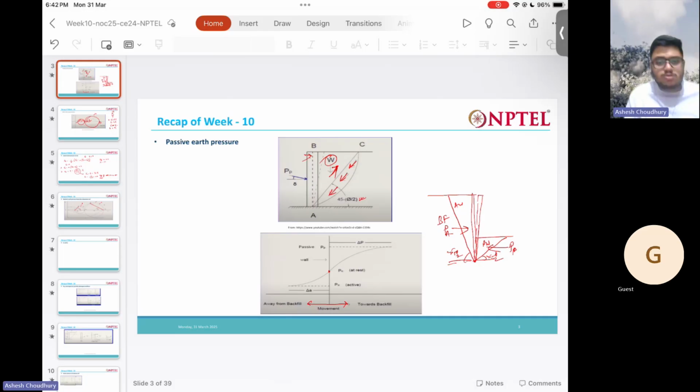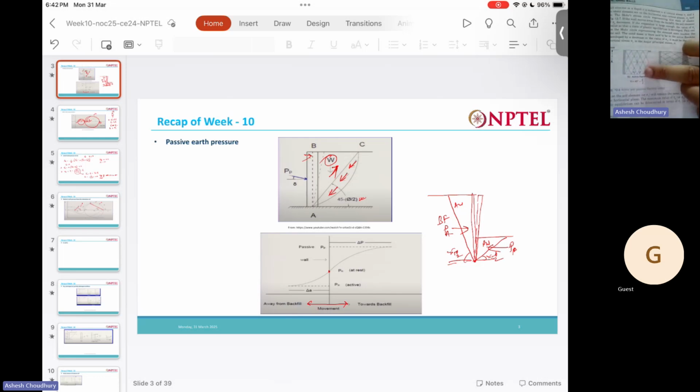I just wanted to show you this. In the active and passive cases, there are a number of possible failure planes, and all these failure planes are inclined at the same angle, so all the failure planes are parallel to each other.